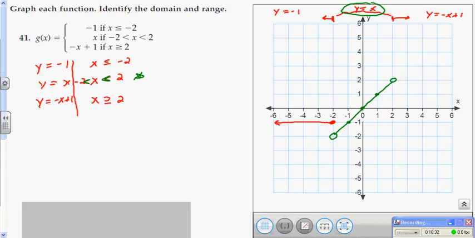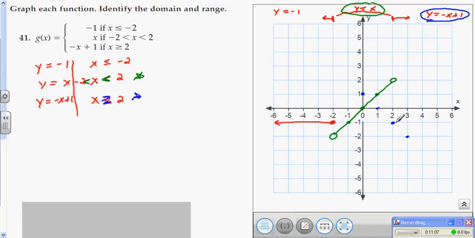And then let's do blue for this one right here. Now this one has a y-intercept of 1. Now I'm not going to need this, but I'm going to put it on there just to help me graph it. Slope of -1, so down 1 over 1, down 1 over 1, down 1 over 1, etc. Now this piece of the function only works when I'm talking about values that are greater than or equal to 2.